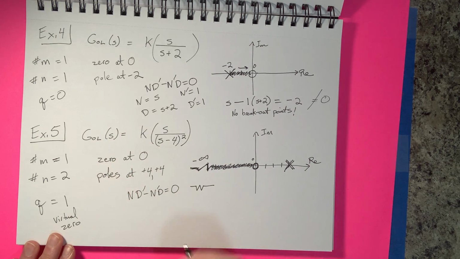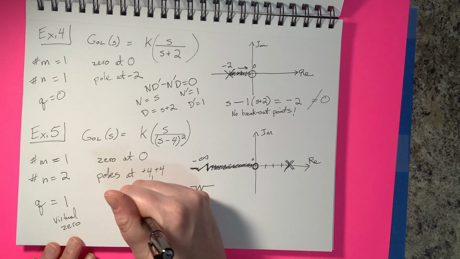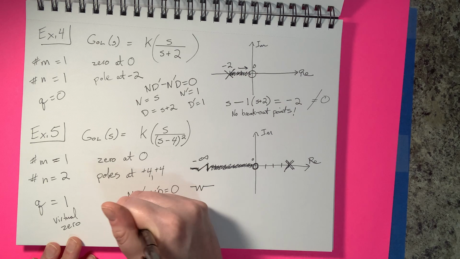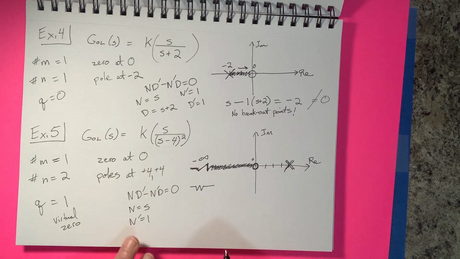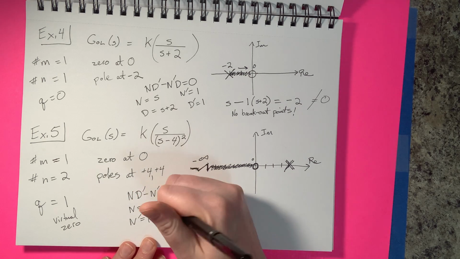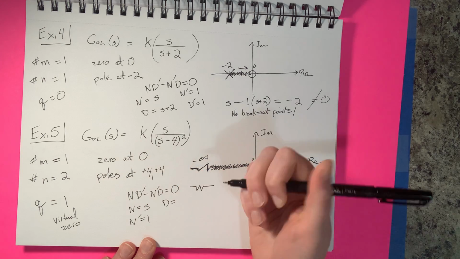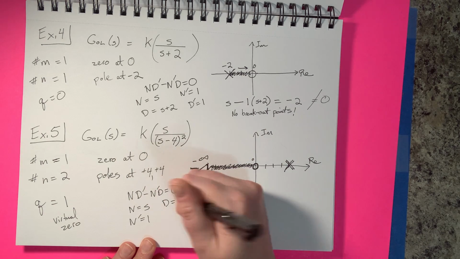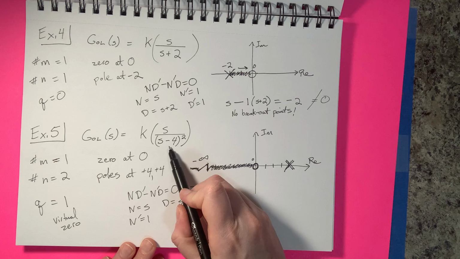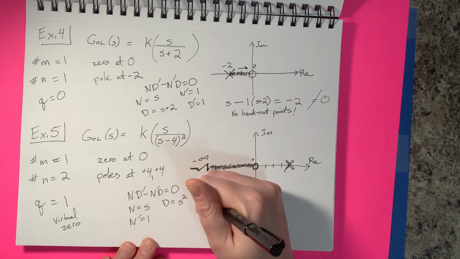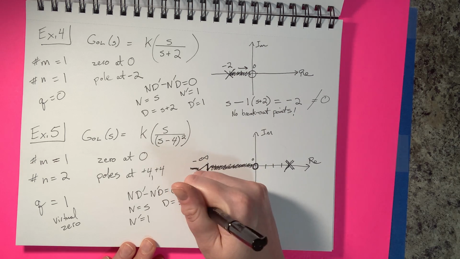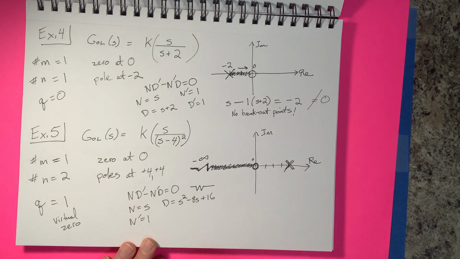All right, so there it is. That's our formula. Our n is equal to s, that means n derivative is equal to 1, okay? And then if we were to write the d is, let's say, s squared, and I'm just going to FOIL this out, minus 8s, okay?